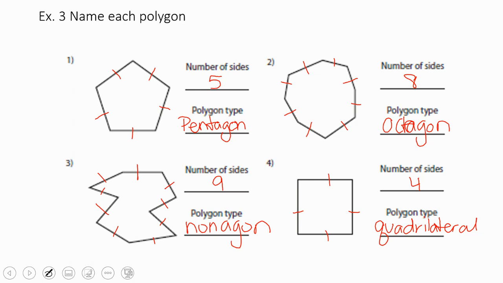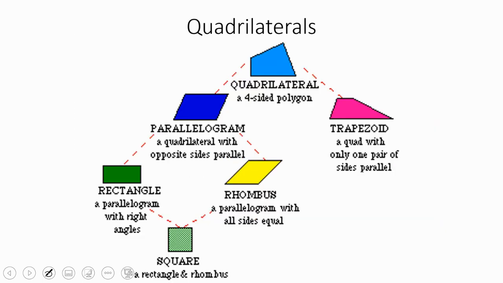All right, now speaking of quadrilaterals, we know that this is a square. Okay, we're going to learn a few of the quadrilaterals and what their specific names are. So quadrilaterals refer to any four-sided polygon. Okay, and then we have a kind of family tree here with quadrilaterals.